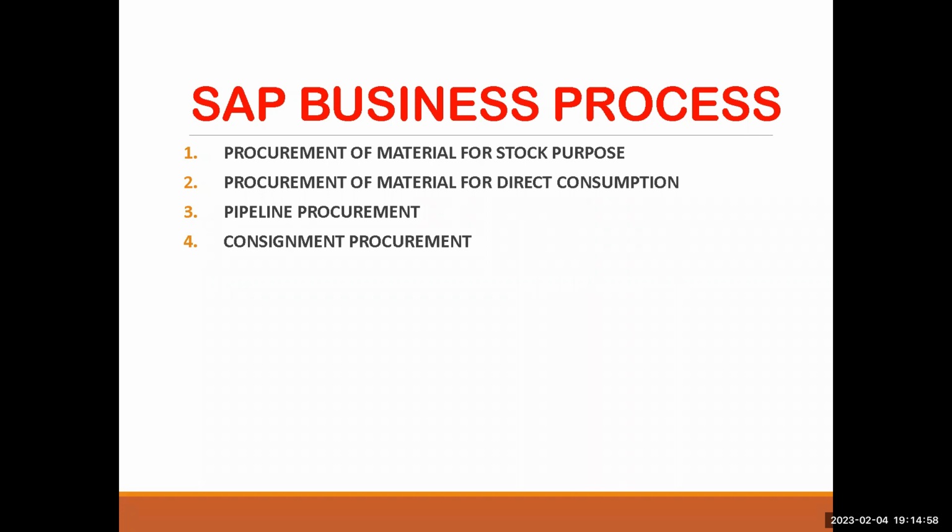Let's say one new company has come to the market, and they come to Walmart or DMart and say, okay, we are a new company, so right now we will be placing some products in your warehouse or in your departmental store. When the product is sold or consumed, after that you can pay a bill to us, right? So this is called the consignment process.